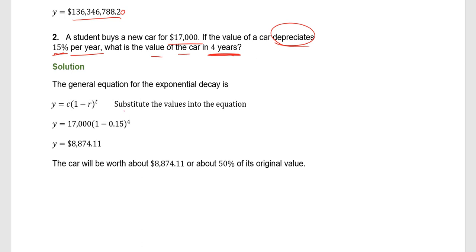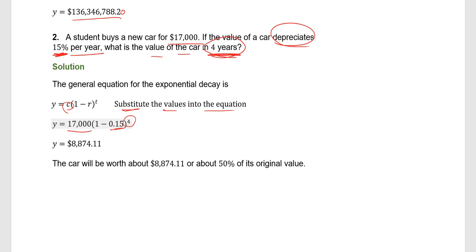Substituting the values, the starting amount was $17,000. The rate of decay is 15% annually, which as a decimal is 0.15. We want the value in 4 years, so my time period is 4 years.